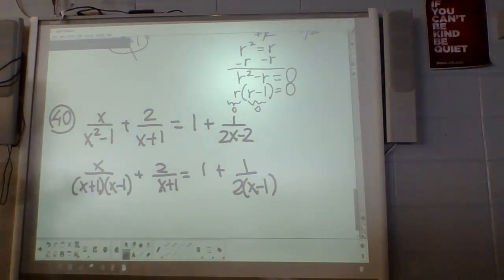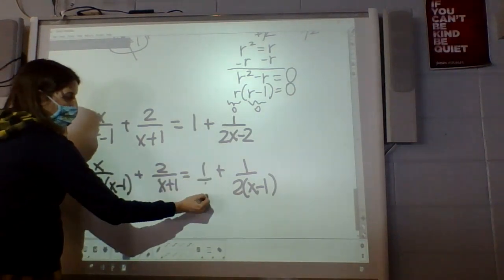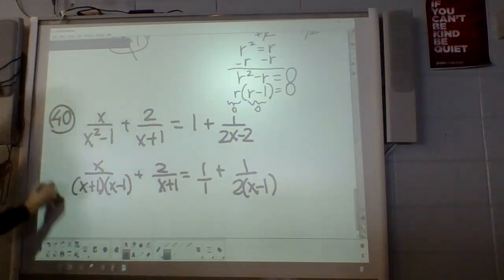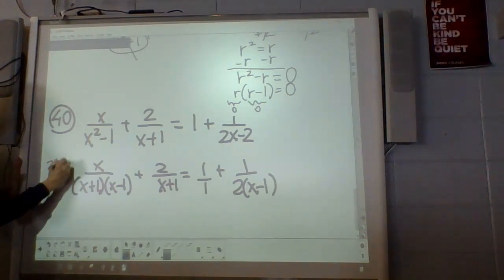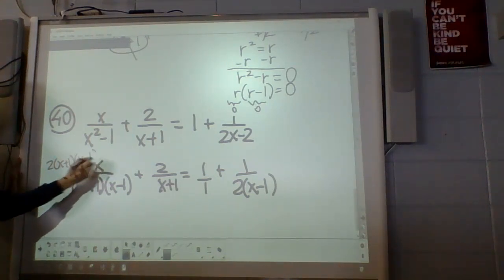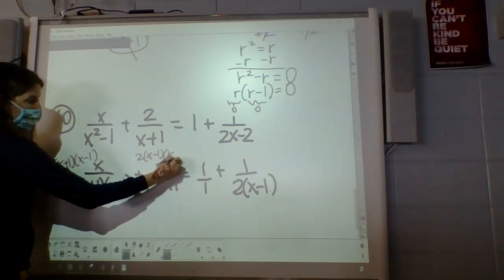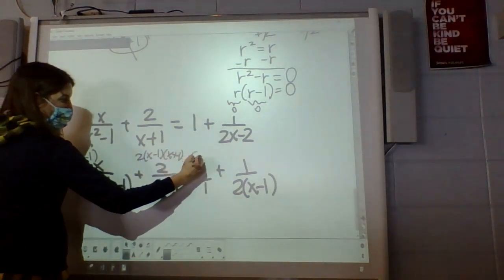But here's probably one of the spots you might have caused an issue. You have to make that a fraction as well. So you have to multiply to every term, not just the fractions. So I'm going to multiply 2 times x plus 1, x minus 1 to each of these factors. For each of those terms.